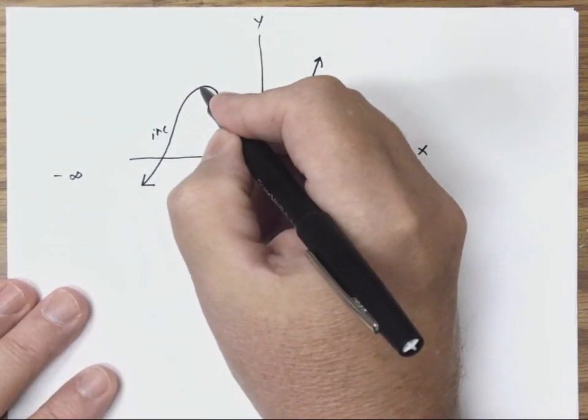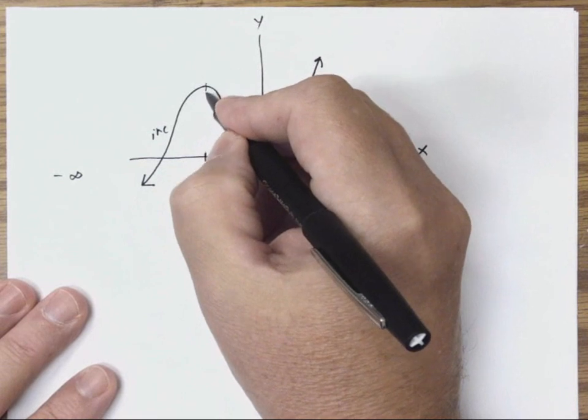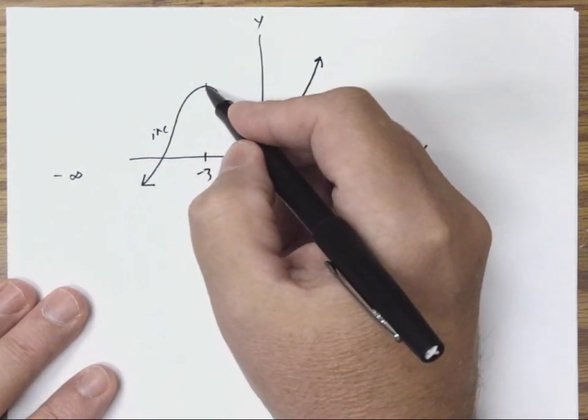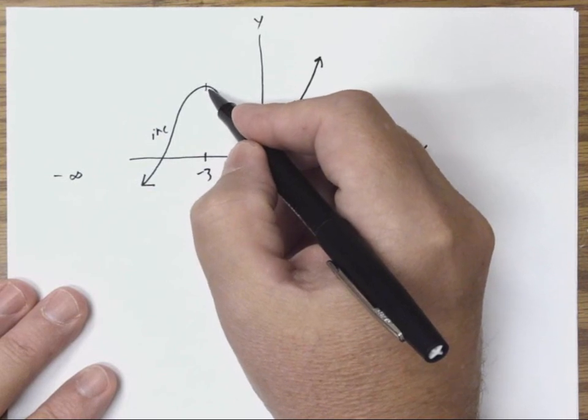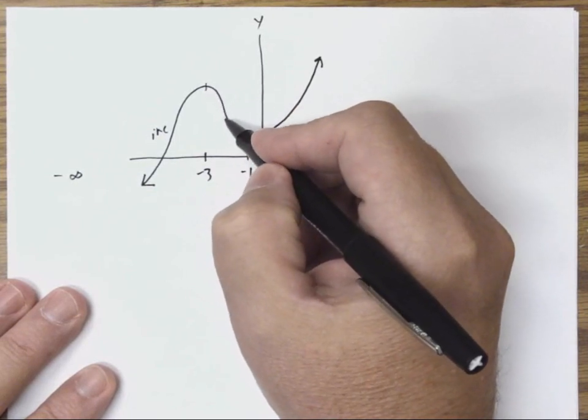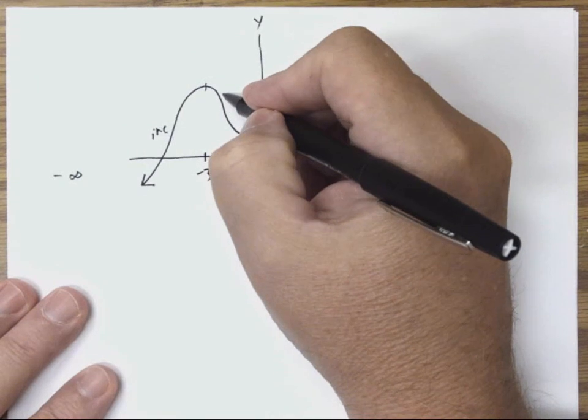So the graph is increasing until right here, and then it levels off for just an instant, and then it begins to go down.